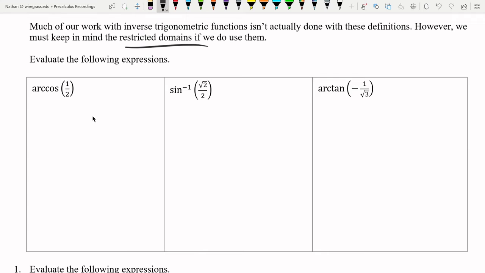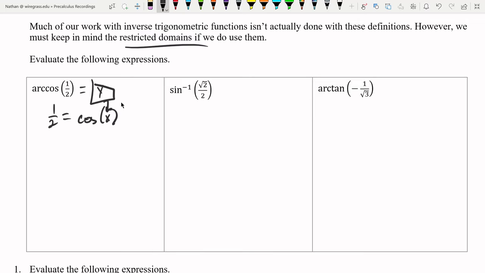Now, it's important to note that if this were to equal something, then we'd have 1 over 2 equals cosine x. And what we're talking about here is that arc cosine of 1/2 is an angle, because you only put angles inside of trig functions. So arc cosine of 1/2 is going to be some angle that you get as a result.